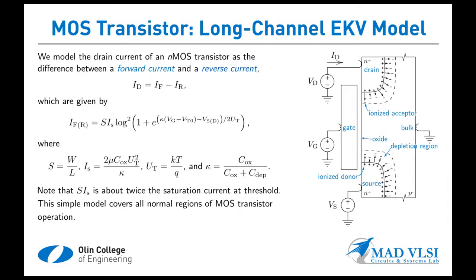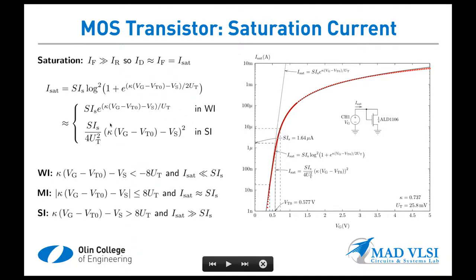So here is what the saturation current expression is again. In saturation, basically the forward current term is much larger than the reverse current term, and so the current is just equal to the forward current term, which is the saturation current. In weak inversion, this form limits to the exponential model, and in strong inversion, it limits to this quadratic form.